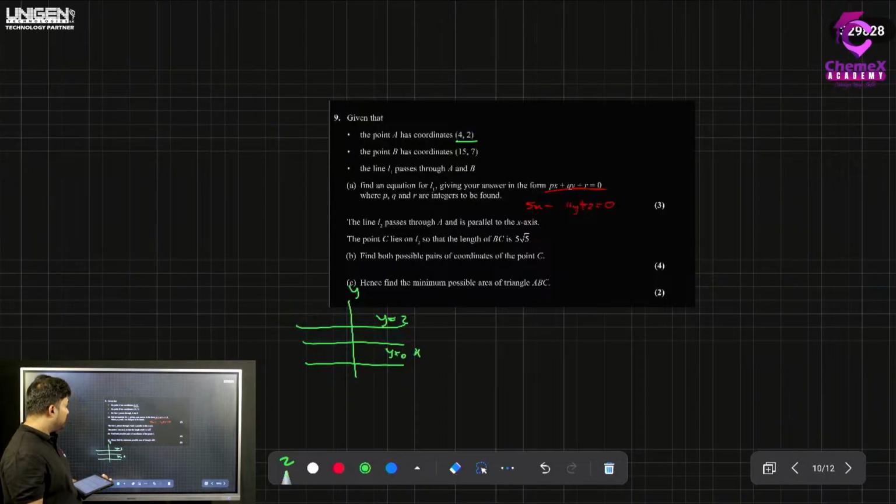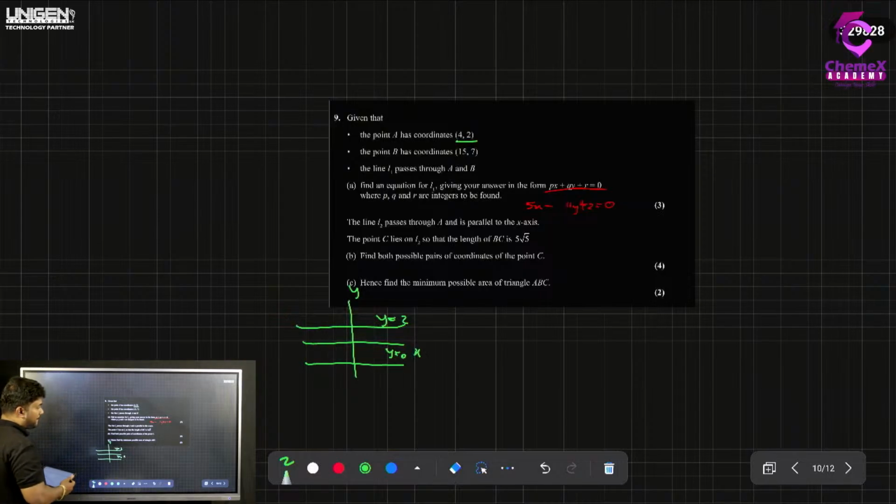So passes through A and is parallel to x-axis. The point C lies on L2, so that the length of BC, B to C, is 5 root, what is BC? 5 root 5.